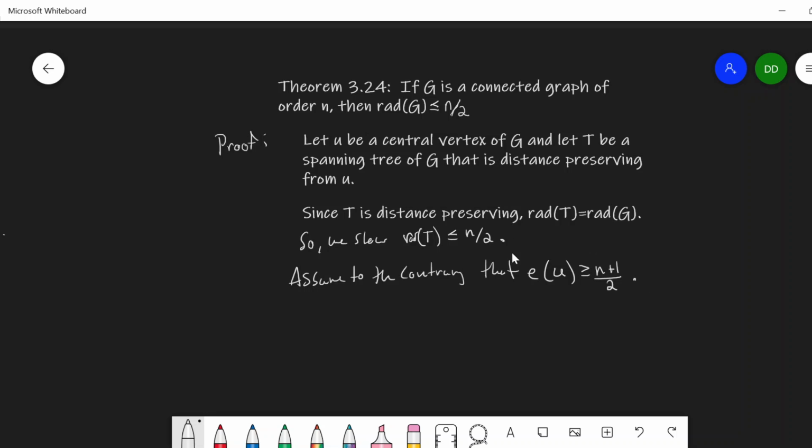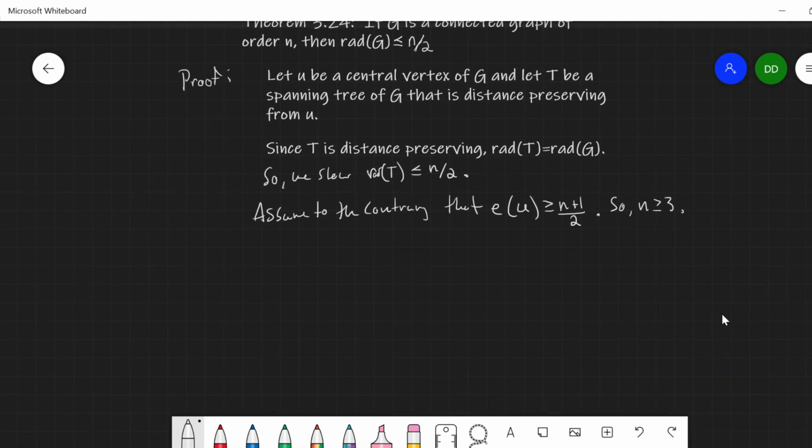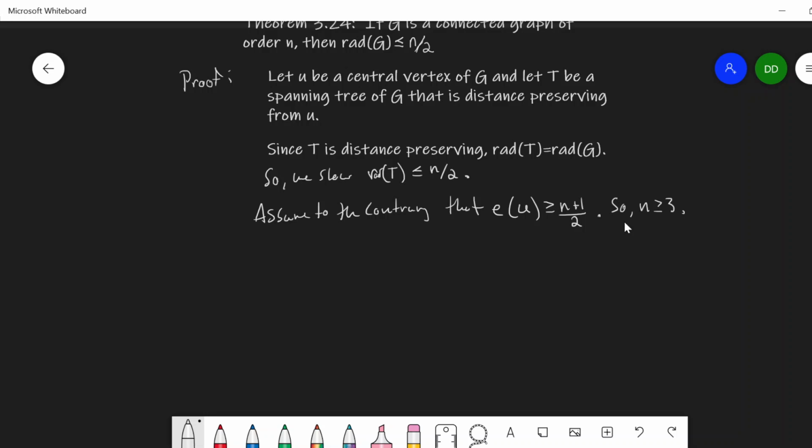Now, if our order is either 1 or 2, there's really nothing to show here, and so we can say that n is at least 3. That'll help our argument make sense.